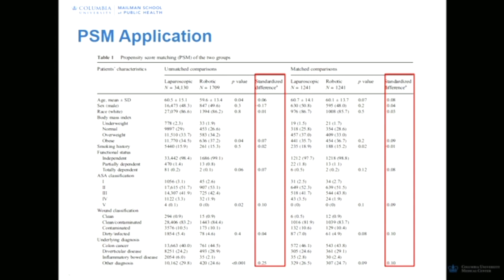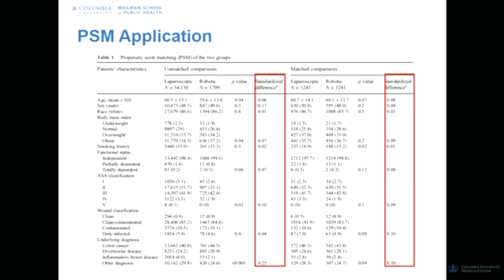What do you notice? On the second red quadrant, all the standardized differences are 0.10 and lower, which is exactly what we wanted. You will also notice, however, that some variables became more imbalanced, right? For example, look at the wound classification.